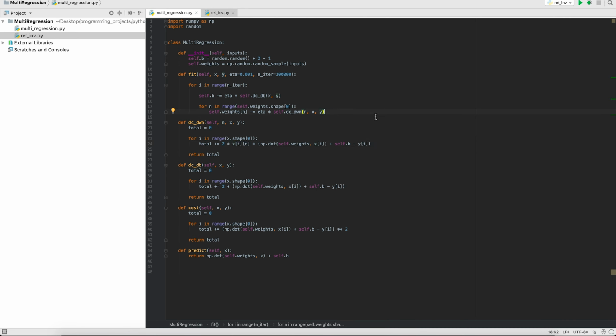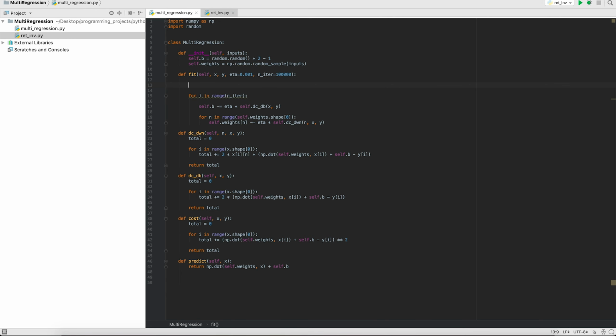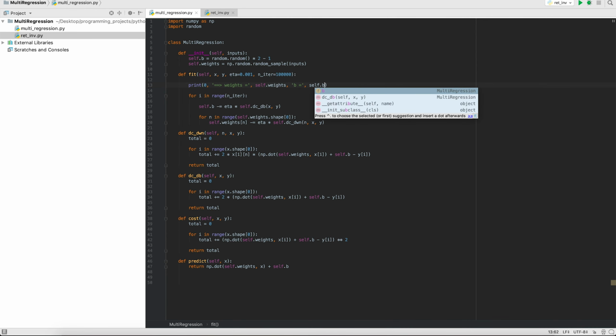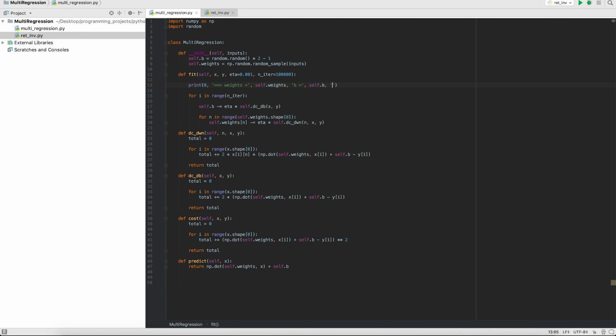So that's pretty much it for the training. All we have to do now is get some output going here, so that we know what we're doing. So let's say print, and let me just say, for the 0th iteration, or before iteration, we have weights equal, let me just print the weights here, then b, or the bias, equals self.b, and then let's also print the cost.